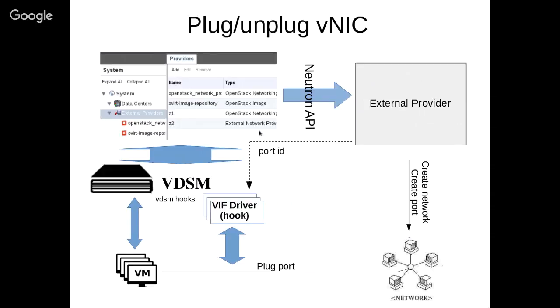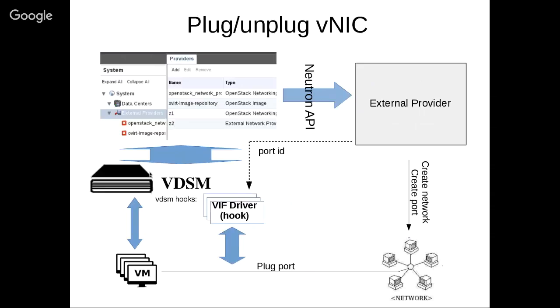The oVirt engine then proceeds to request a specific VDSM host to create a VNIC on a specified VM and plug this VNIC into the external network. The ID of the external port is included in the request.